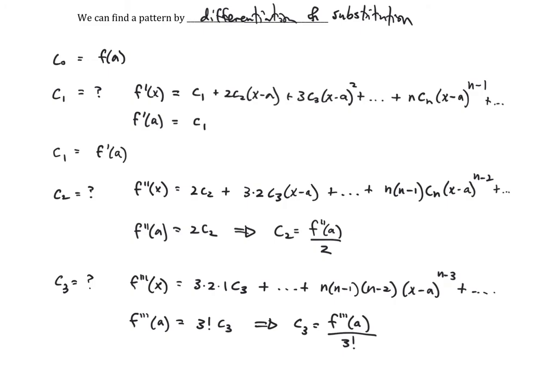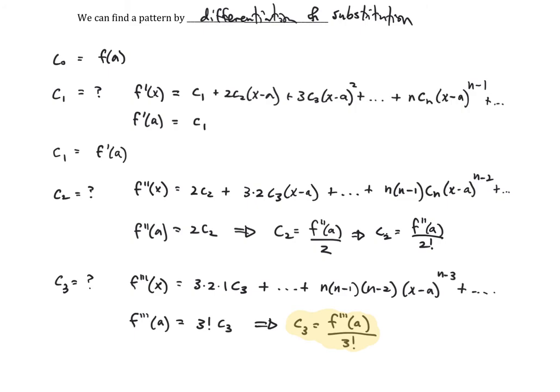Great. So I'm going to highlight this. This is our coefficient c3. I want to revisit the coefficient c2. I want you to notice that 2 is the same thing as 2 factorial. So I could really rewrite this as c2 is equal to the second derivative evaluated at a divided by 2 factorial.